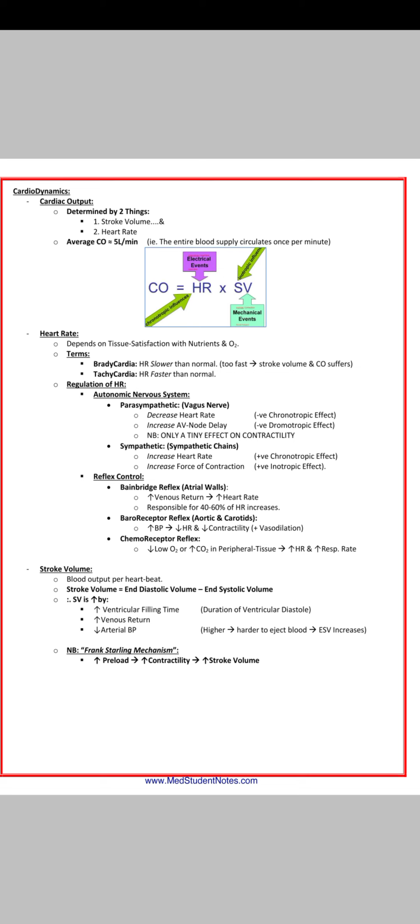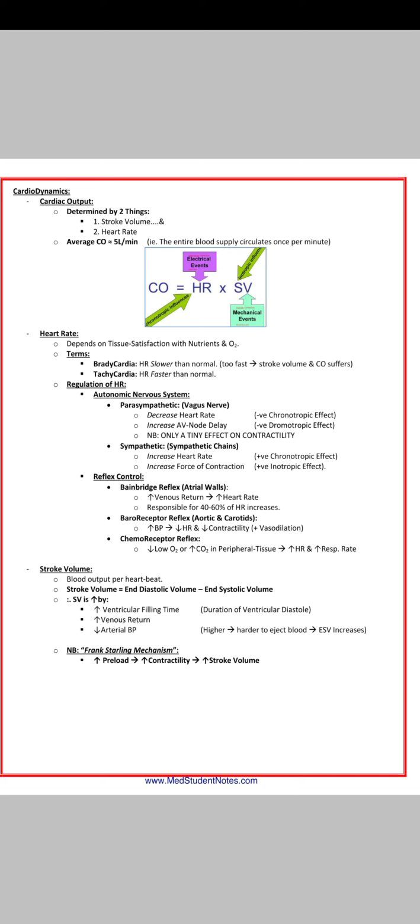It is all connected. The positive force from the venous return and the ventricular filling time are in the same direction, so both increase. These two forces have a proportional effect on the stroke volume.